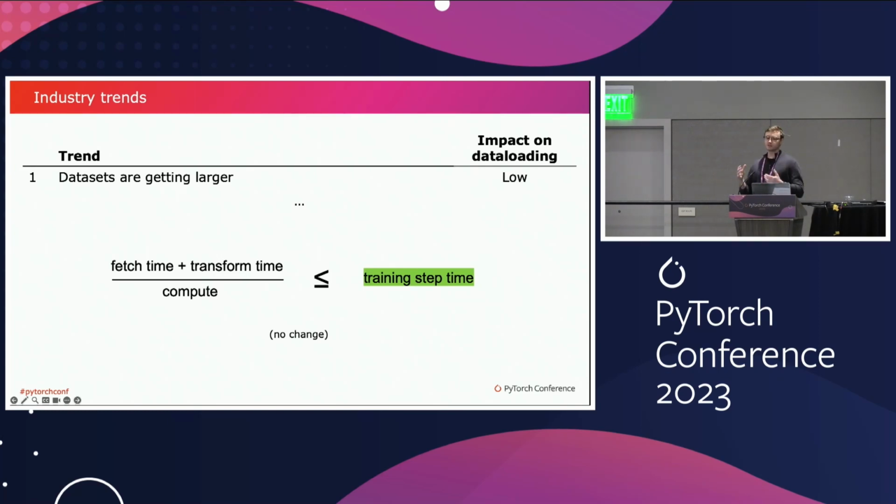The increasing scale of datasets is actually less impactful than you might initially expect. And this is just because our system is going to get bottlenecked by model training first, as long as the equation holds true as a starting point. There are some minor impacts, since more training examples might involve more metadata to keep track of, but generally for a system that already scales, this won't make much of a difference.